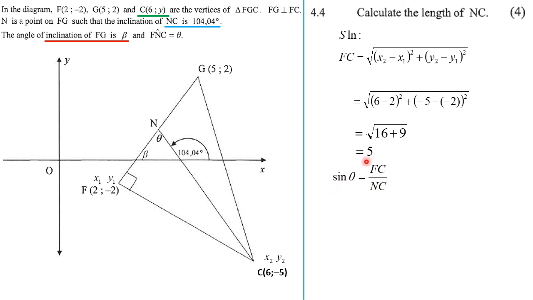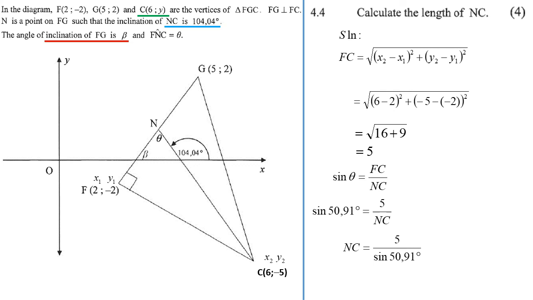Remember, we know FC. We also know theta. Then you can substitute. It means sine 50,91 degrees is equals to 5 divided by NC. Then from there you cross multiply, and then your NC is equals to 5 divided by sine 50,91 degrees.